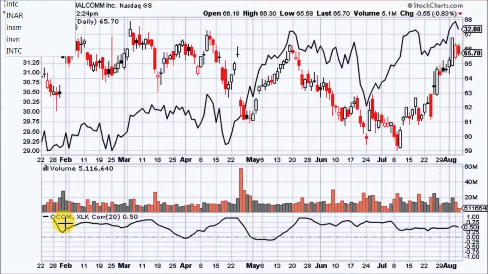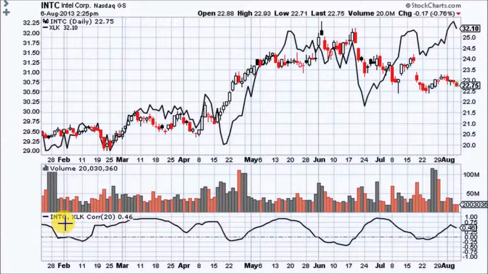Okay, Intel, INTC, the computer chip maker. More correlated than not with 4 periods of no correlation or negative correlation. Okay, this one, it was stock going up, sector going down.